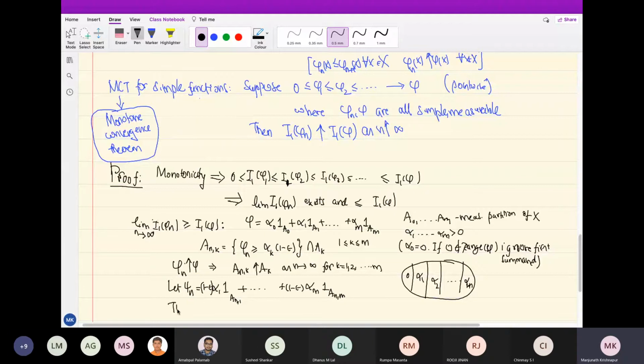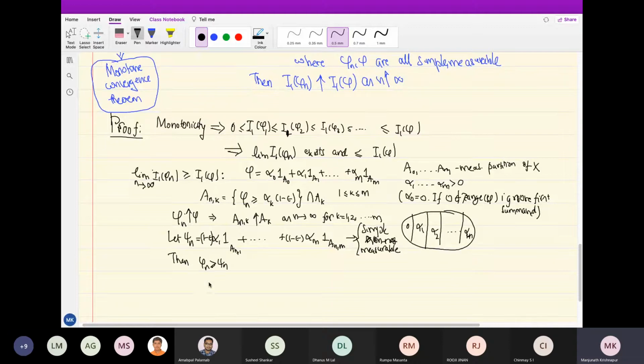So then, what is the point? Phi_n is greater than or equal to psi_n. This is also simple, non-negative, and measurable. And phi_n beats psi_n because psi_n is 0 outside of these sets.